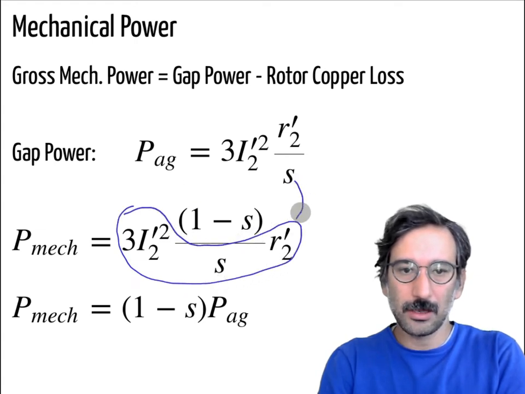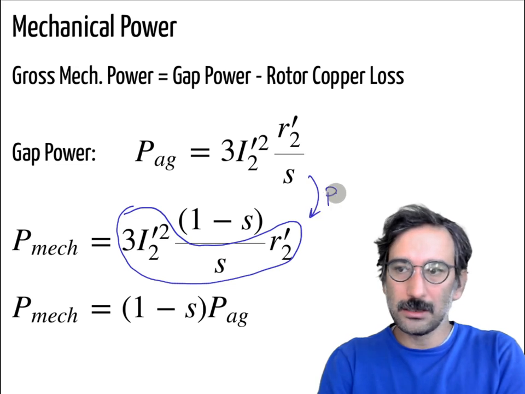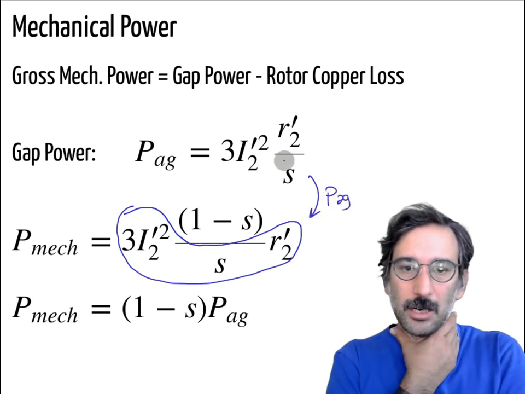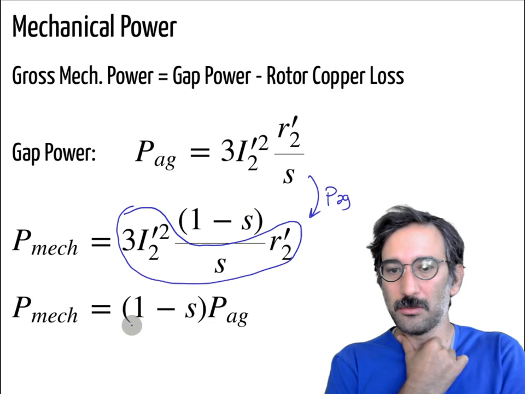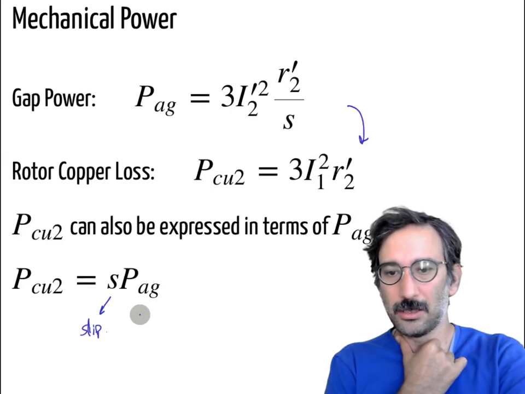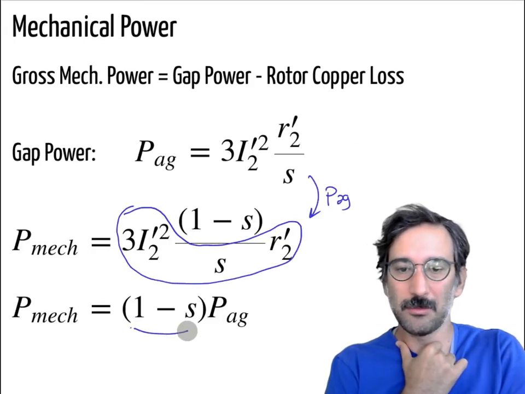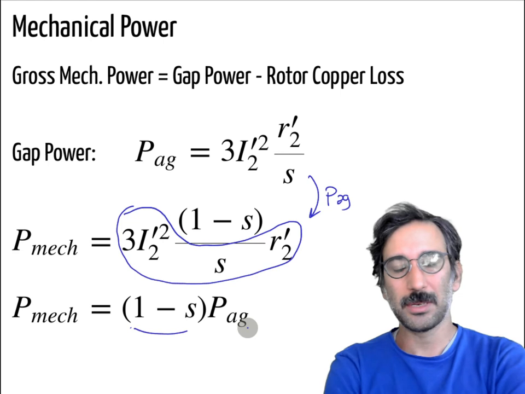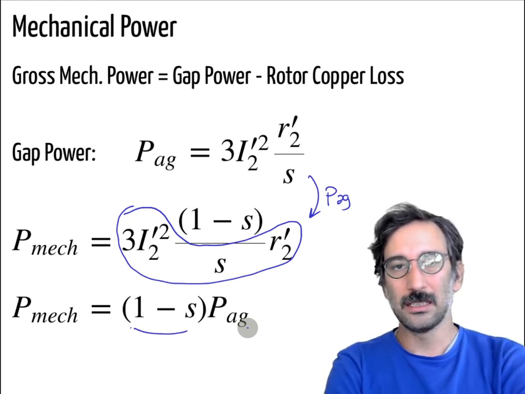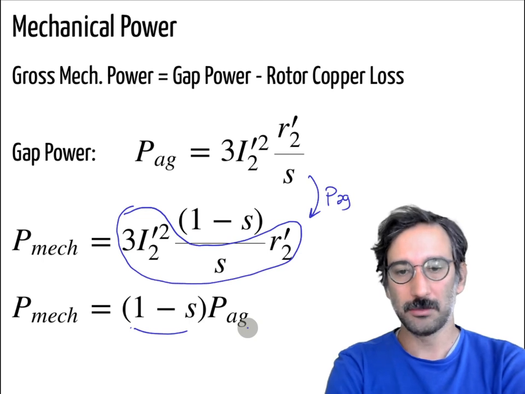That's okay. So that is the air gap power, as you can see. Mechanical power, similar to the copper loss, instead of S times P air gap, can be represented as (1 minus S) times P air gap. And again, once slip is 1, you can see there will be no mechanical power.